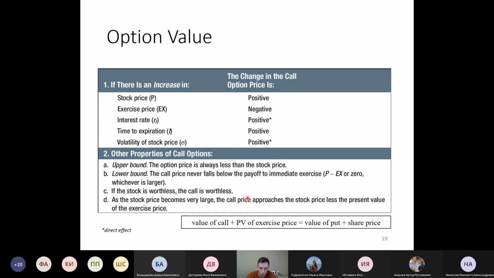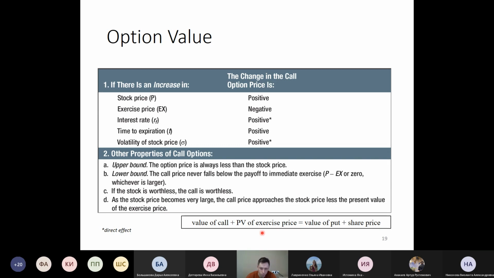So let's say we talk about the stock price. We are interested in the value of the call option, and the stock price here, if it goes up, the value of the call option goes up as well in order to maintain this equation.